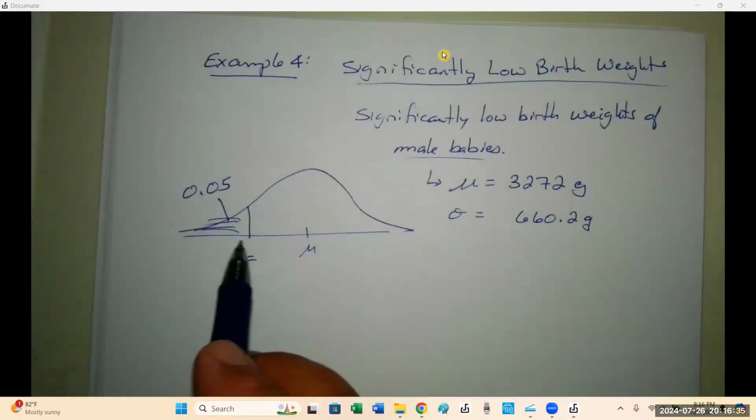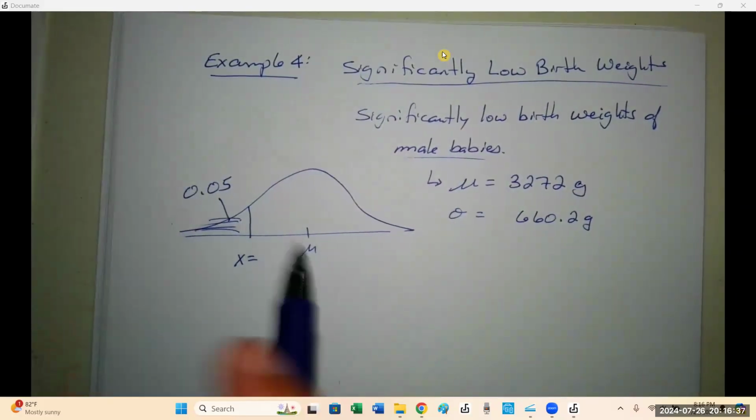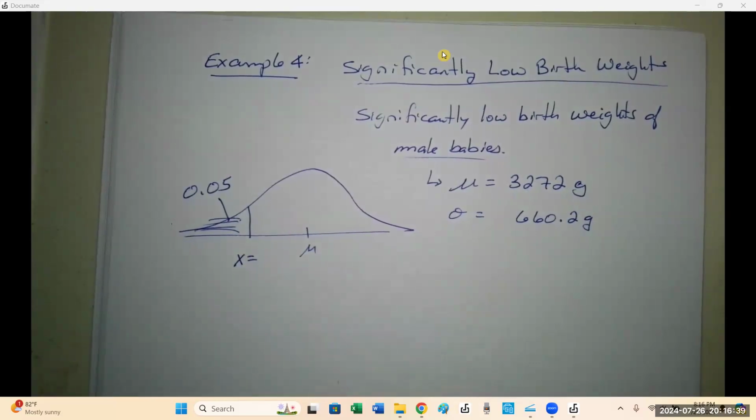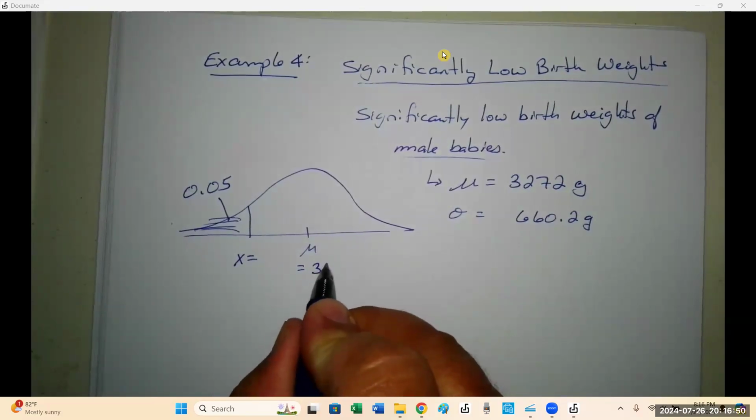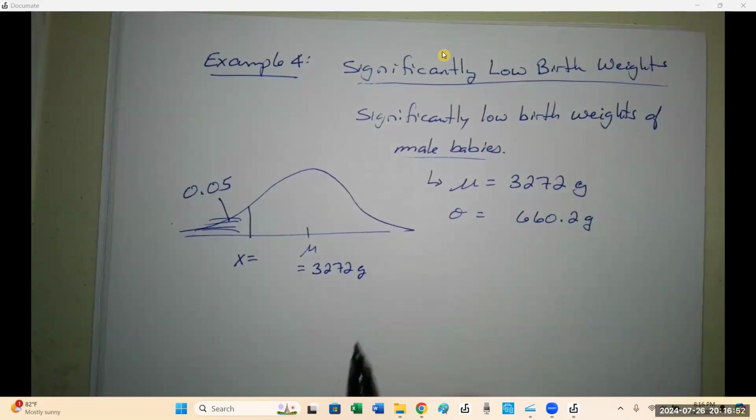So what we're looking for is what number would be bigger than 5% of our data. The mean is 3272 grams and the deviation is 660.